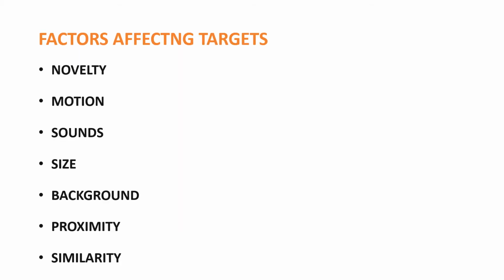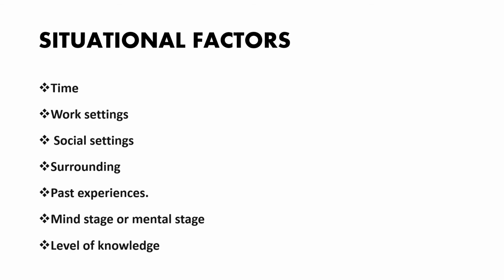Next, some other factors: novelty, motion, sounds, size, background, proximity, similarity. While looking at something, definitely novelty, something strange, the movement, the kind of sound, the size, the background, the proximity and similarity, all these things will decide our perception.